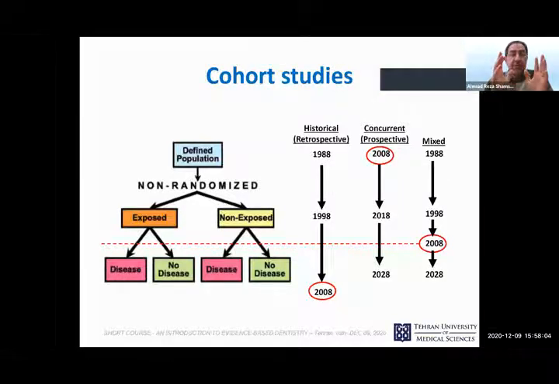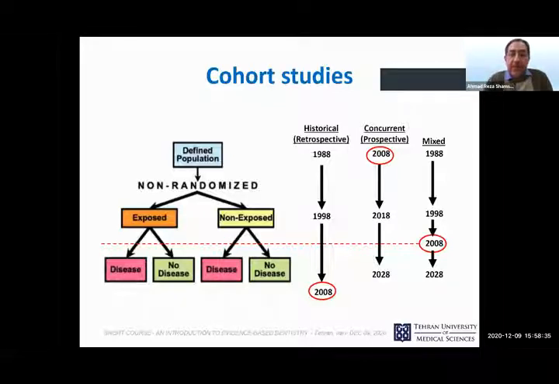So always consider the direction from exposure to the outcome, which you can also see in the randomized control trial. It is better than cross-sectional studies and case control studies. Here I provide you three types of cohort studies.